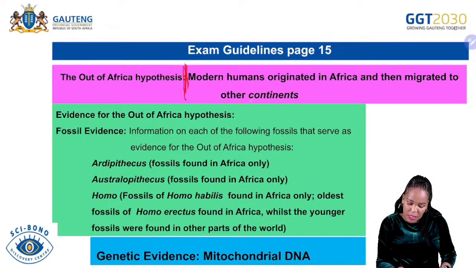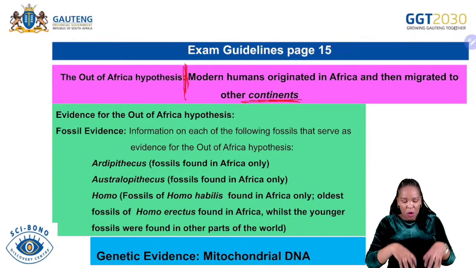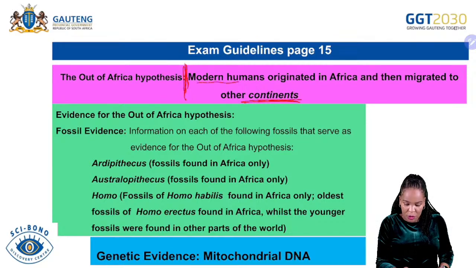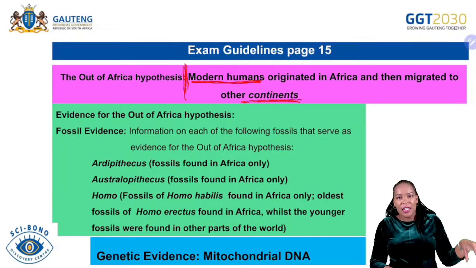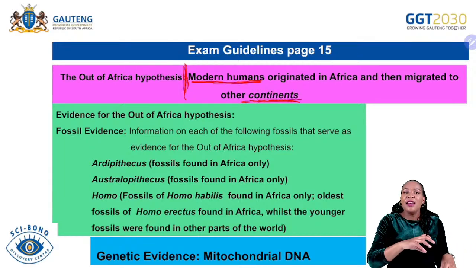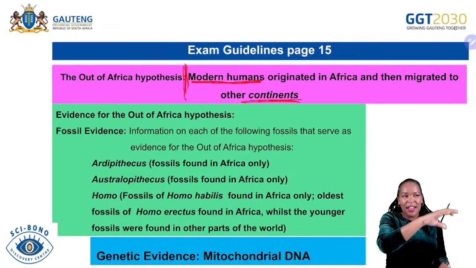Very important. Please make sure that you specify these words. The modern humans. This is very important also. Modern humans. So the modern humans originated in Africa and then migrated to other continents.